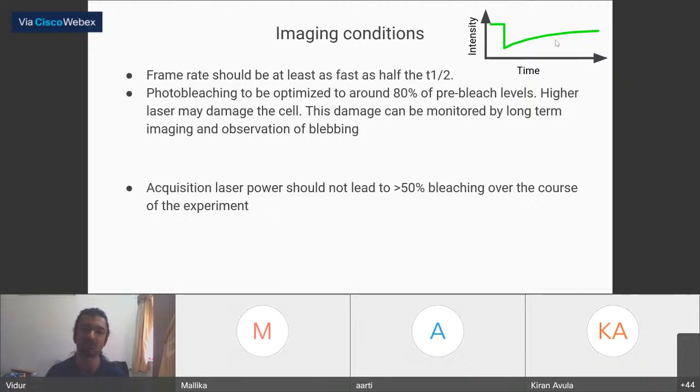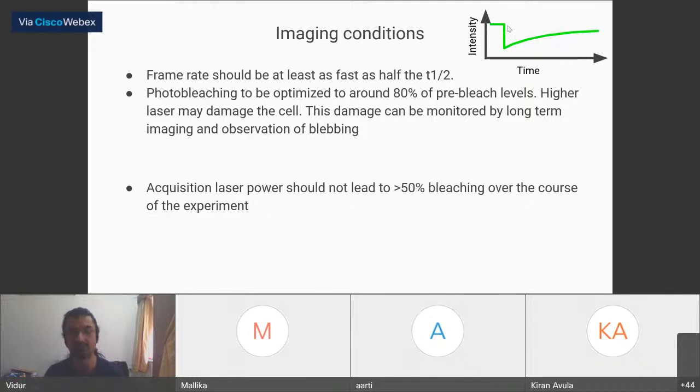This intensity should not reduce by greater than 50%, because then your recovery profile, which in an ideal condition goes up to 80%, will only come up to 40%, let's say. There are ways to counteract that, but they're not always error proof. And thus, it's best avoided.